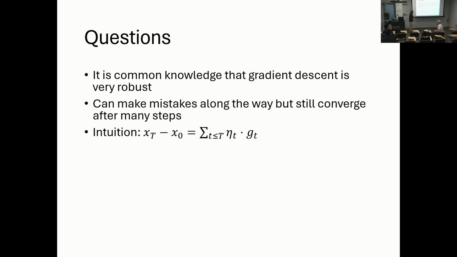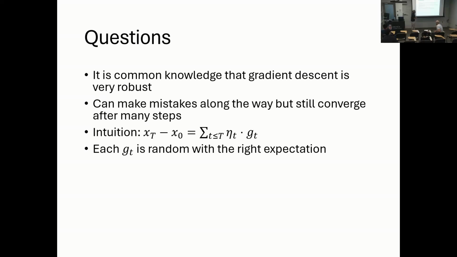If you write down the difference between the final solution and the original solution, it is simply the sum over all time steps of the change that you make. And the change is simply eta times the gradient estimate g_t. Each such random variable is an unbiased gradient estimate: the expectation of g_t is the true gradient.